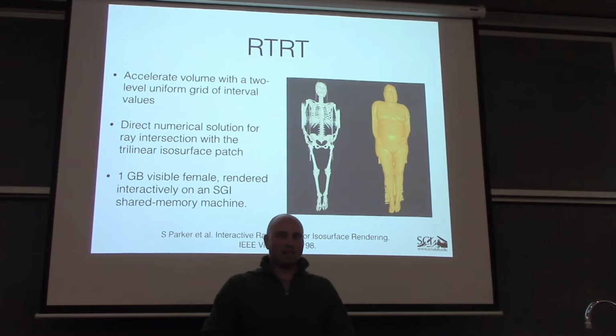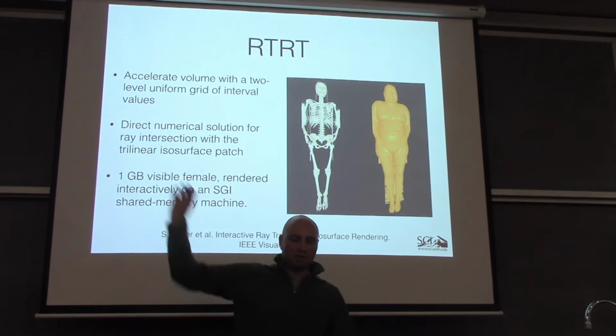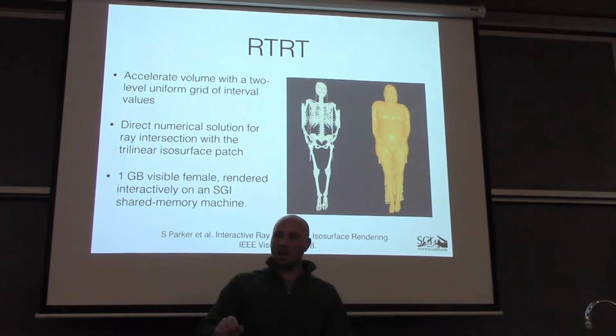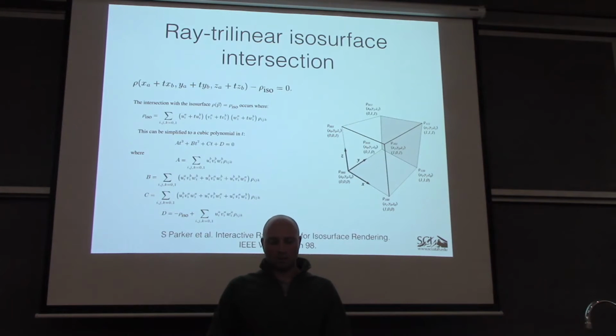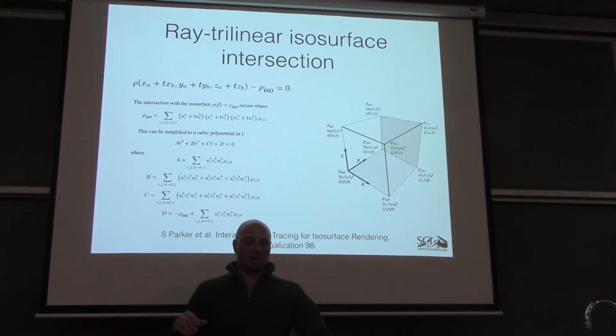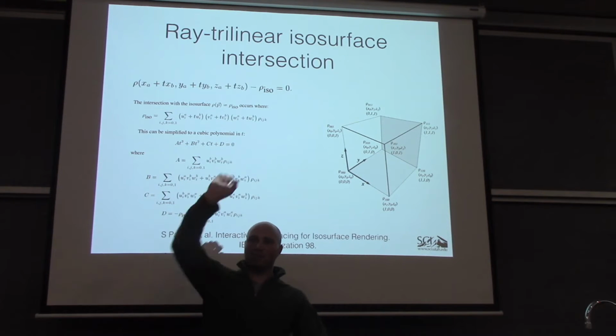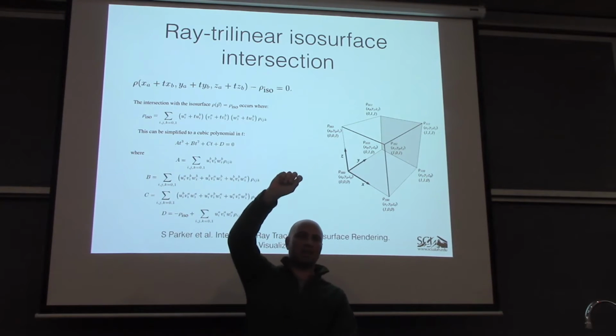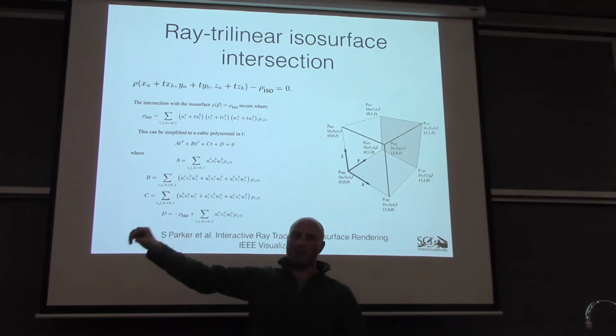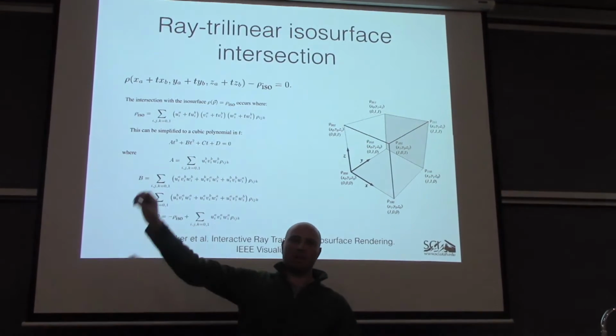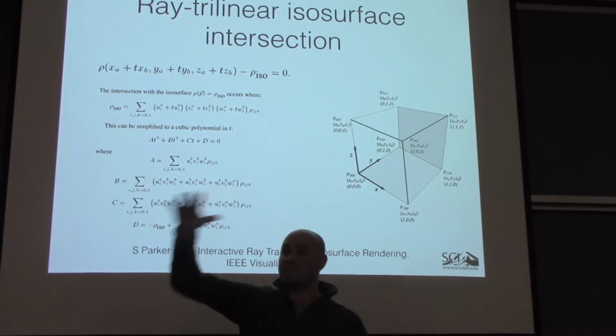And what he did was a two-level uniform grid on top of the original volume data, and a direct numerical solution to solve the cubic equation that was the ray. It was the equation along the ray of the image of the trilinear patch in 1D along the ray.